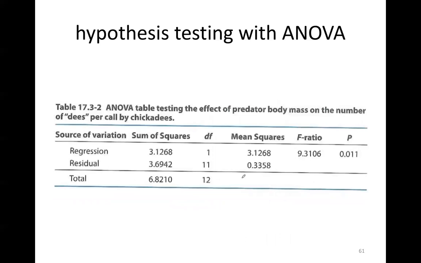And in the example we just saw, the regression sum of squares is calculated as thus. Residual sum of squares is this, and this part we had already calculated. And we can thus calculate an F ratio, and compare this F statistic to the F distribution with degrees of freedom 1 and 11: numerator degrees of freedom 1, denominator degrees of freedom 11.